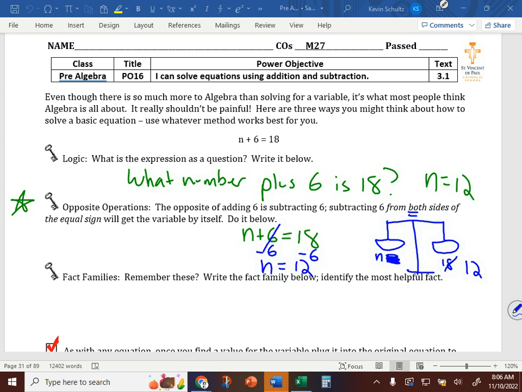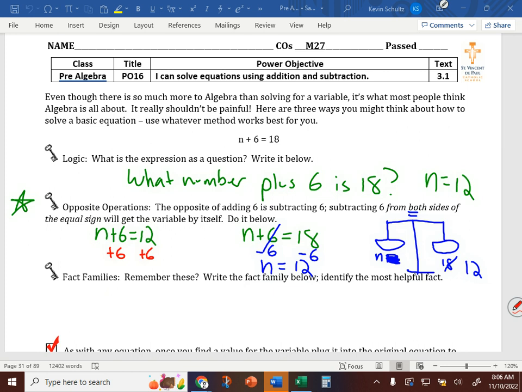Okay? Here's the most common mistake that folks make with this. Instead of subtracting 6, they add 6. Okay? Tell me why mathematically that is incorrect. Does adding 6 to that left side achieve the goal of getting n by itself, Anthony?